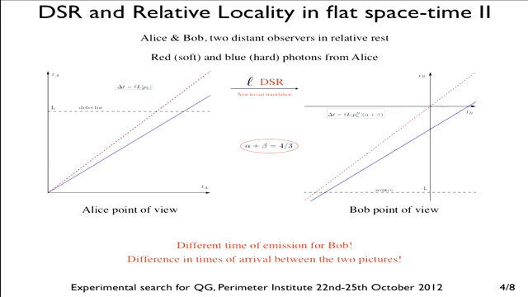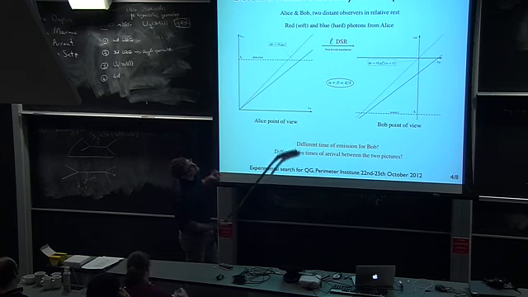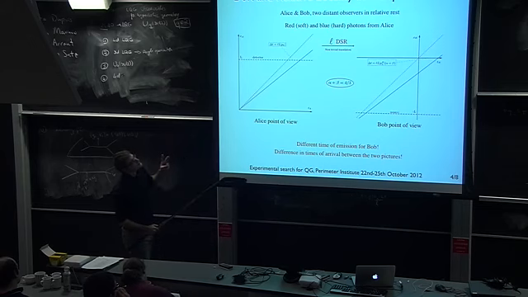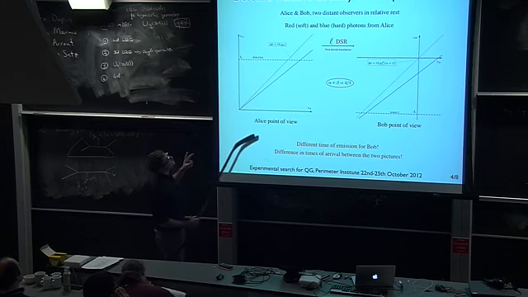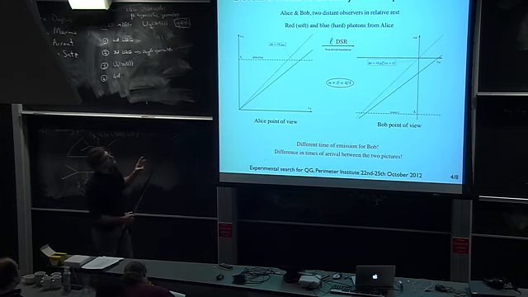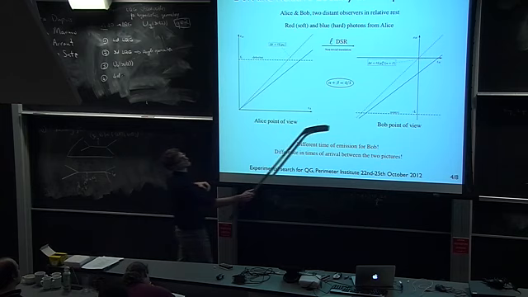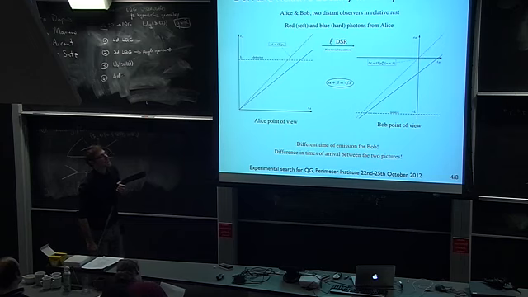And actually, what we can see is two things. First of all, in the reference system of the observer, the emission of the two photons is no more coincident. And this is what is called relative locality.